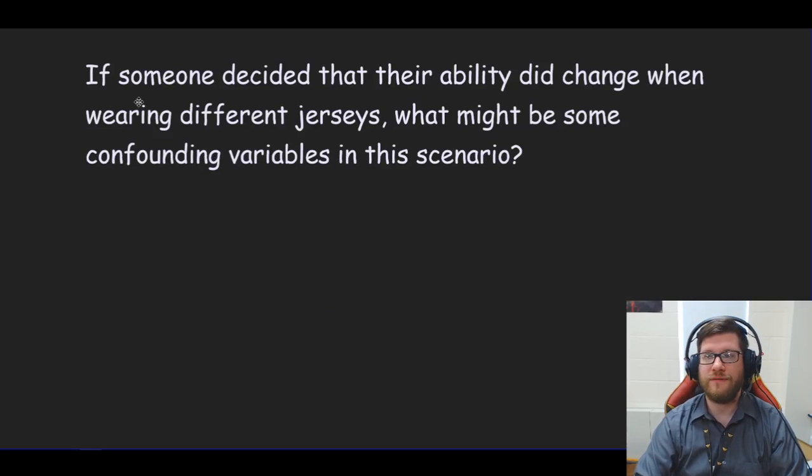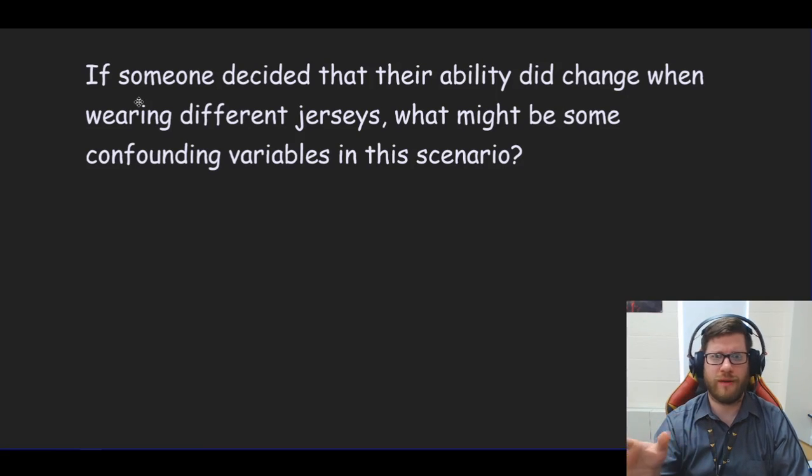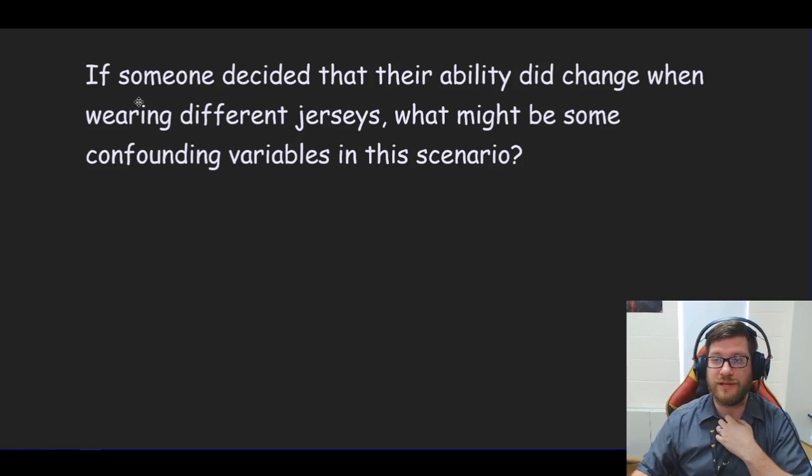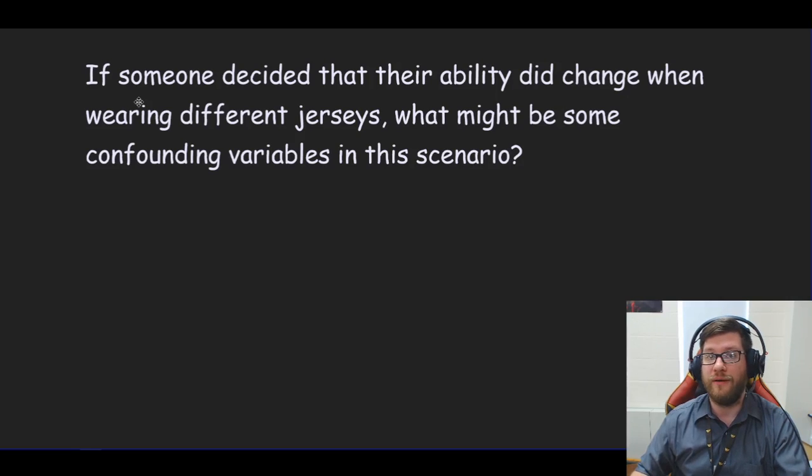So if someone decided that their ability did change when wearing different jerseys, let's say that we did this and we found a reason. What might be some confounding variables in this scenario? What might be some reasons that a team would play better when wearing specific jerseys?